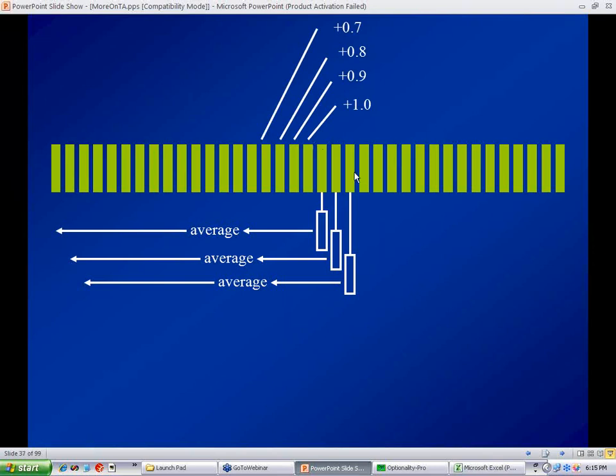In this example, this would be computing an exponential moving average, because if it's measuring, let me get the pen here, if it's measuring this bar, it's multiplying the resulting average by 1.0. If it's measuring this bar, it's multiplying it times 0.9, and the further back you go, it keeps multiplying by a smaller and smaller fraction.